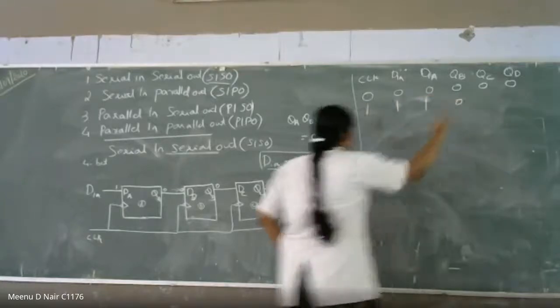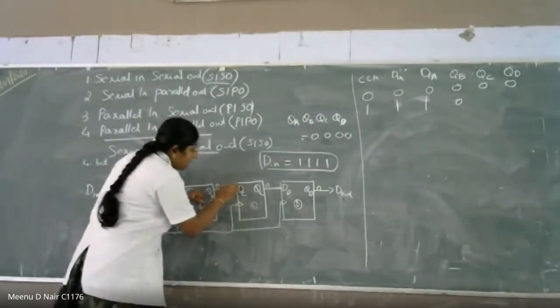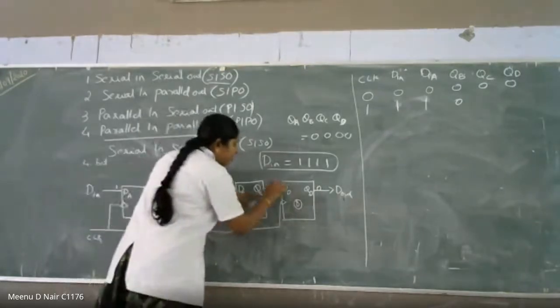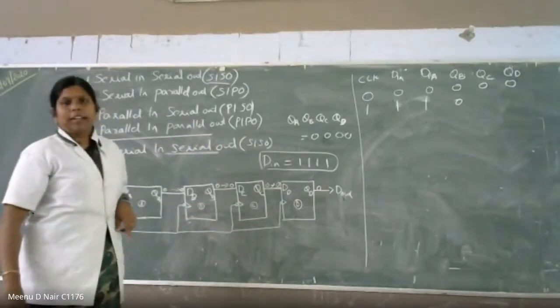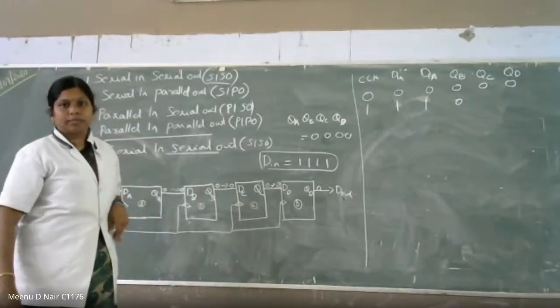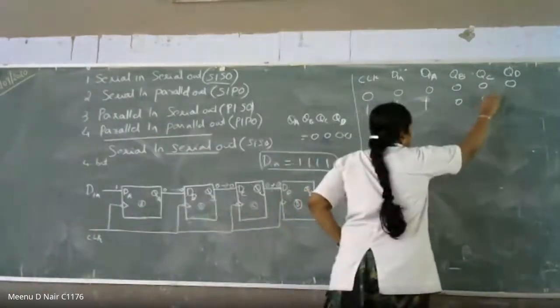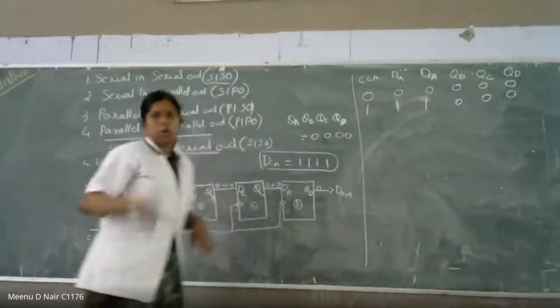Right. Similarly, QB is transferred here only, and this was also 0. Then what about the output of QC? QC is again 0. Similarly, QD is also 0 only at the time of the first clock pulse.